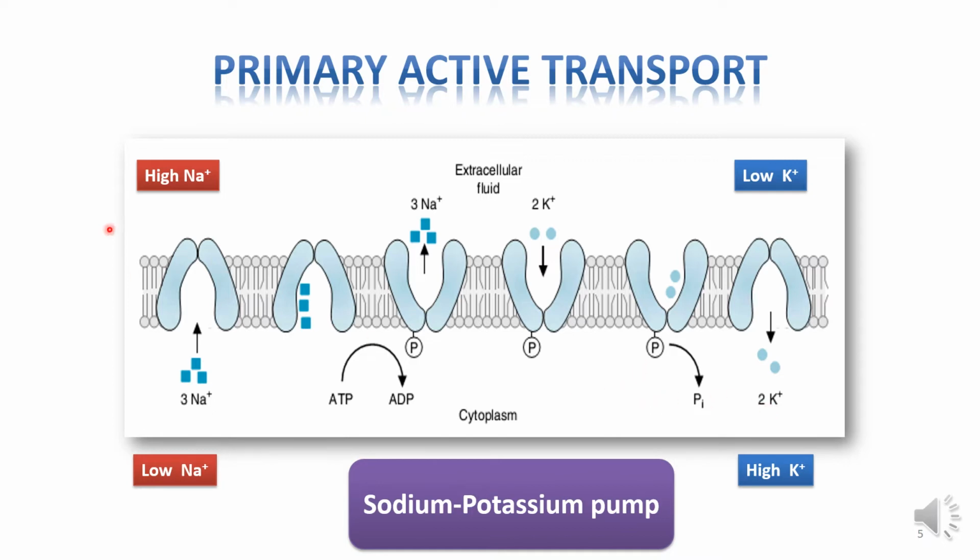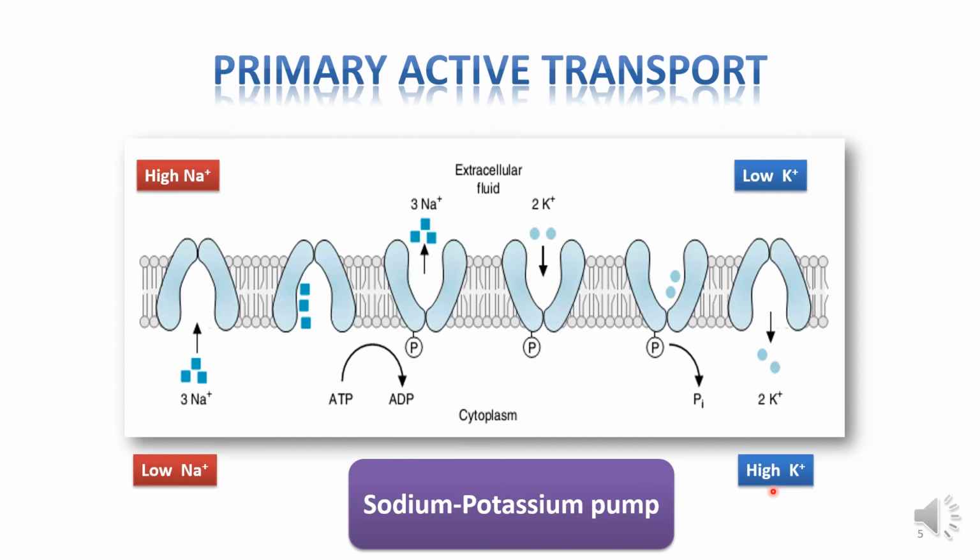As you can see here, high Na and low potassium. This is the extracellular fluid and this is the intracellular fluid, where the sodium is low and potassium is high. This is maintained by the pump known as sodium potassium activated ATPase pump, generally called the sodium pump.